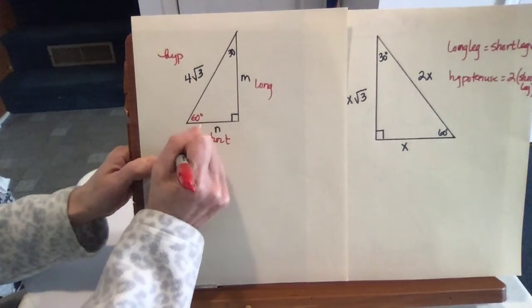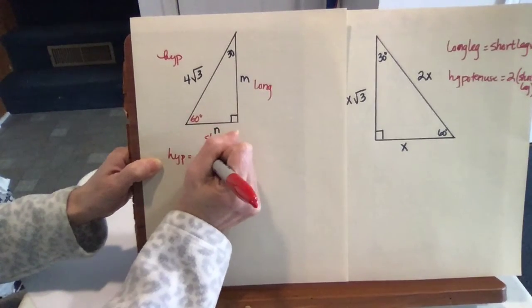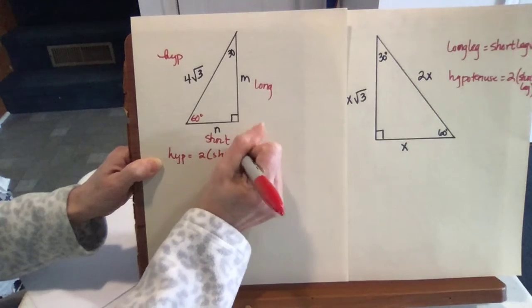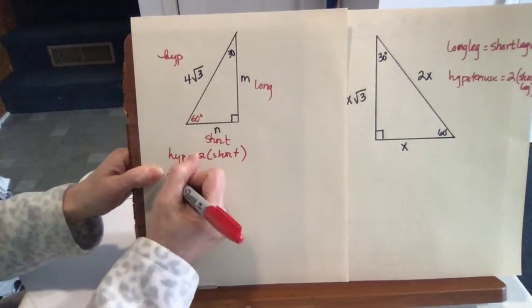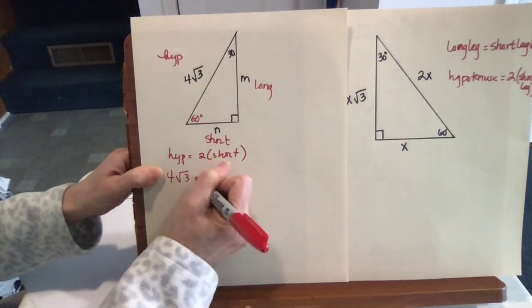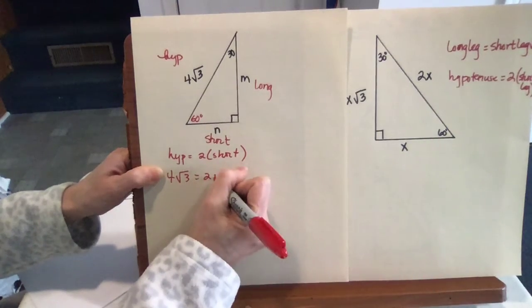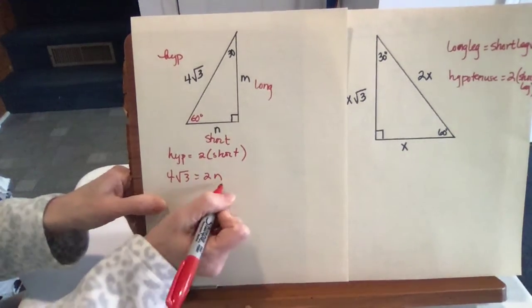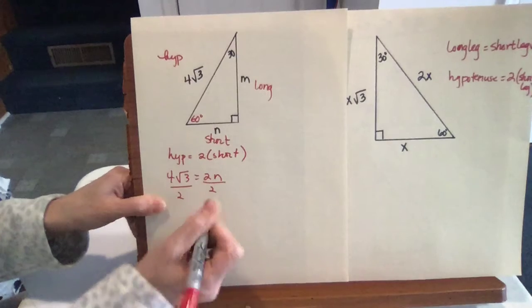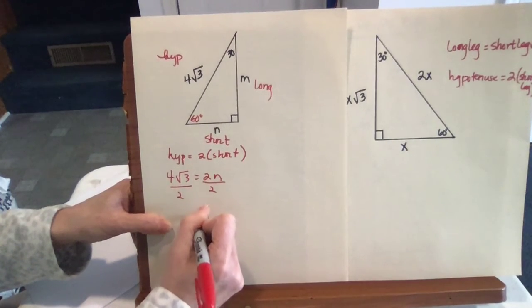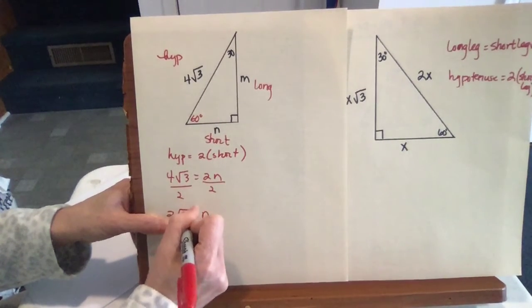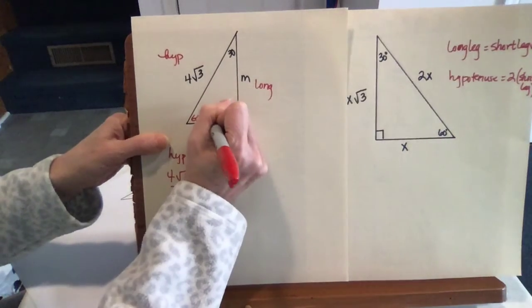So remember, hypotenuse equals 2 times short. Our hypotenuse is 4 root 3. It's equal to 2 times n, because n is our short. So we're going to divide by 2 and divide by 2. So n equals 2 root 3. So that is our short leg.